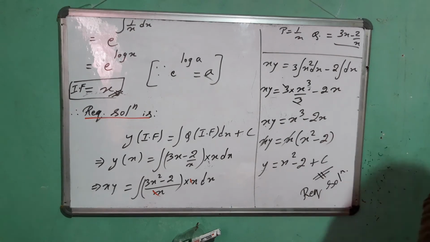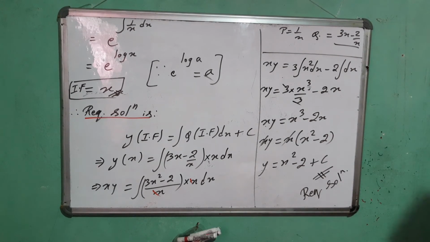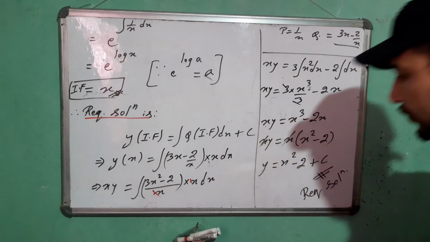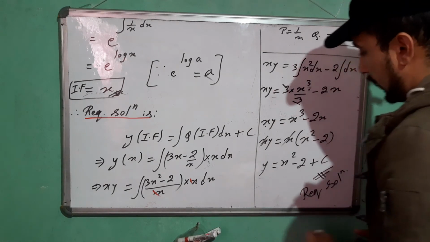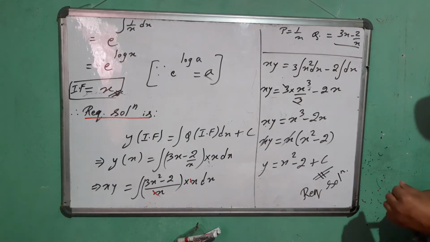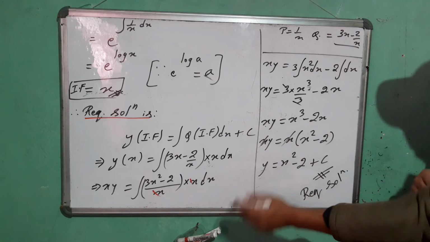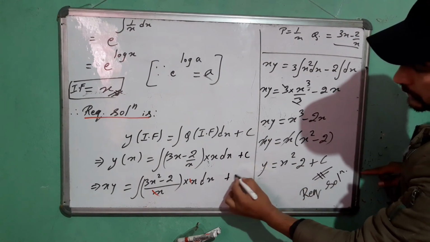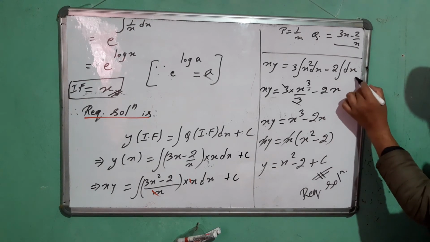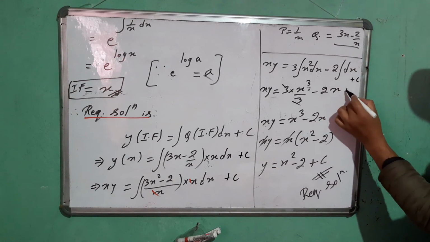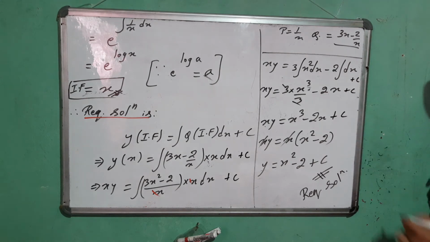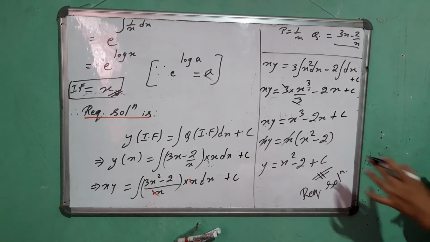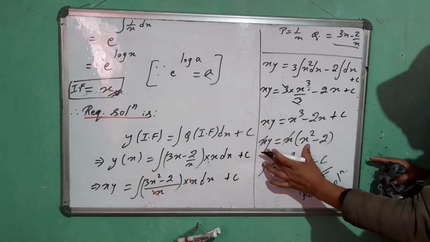So this is the required solution to the linear differential equation. You can continue with this c also. If you keep this c continuously here, plus c here, plus c here also, then you cannot take out common.